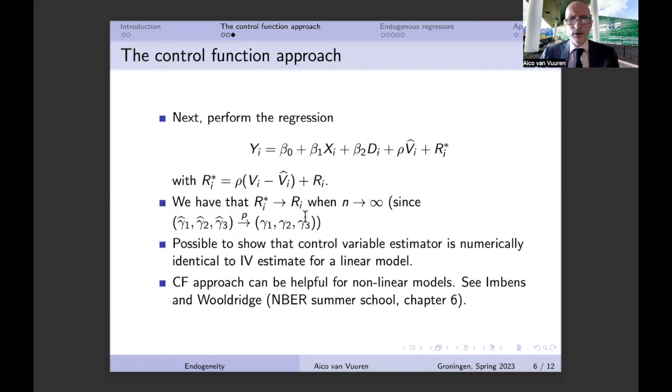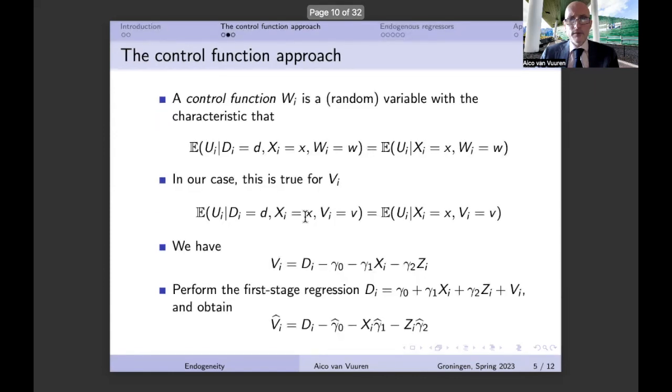And that means, going back to the previous slide, that even though Vi hat and Vi are generally different from each other because Vi hat is an estimator, it depends on the data set that we have, and therefore generally will not be exactly equal to Vi. But when n goes to infinity, these things become exactly identical to these three things that we have over here, which means that Vi hat is going to converge to Vi.